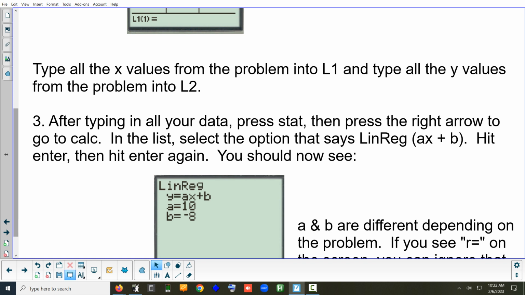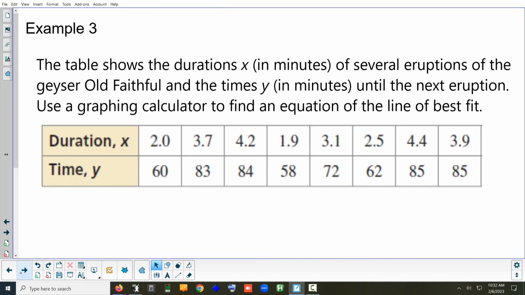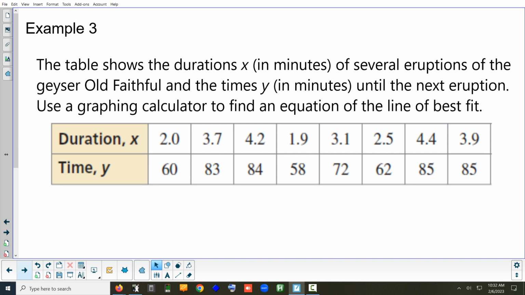So actually, I think you guys already have the steps. Yeah, so that's good. So what we'll do tomorrow in the warm-up is we'll take all this data, we'll put it into the calculator, and see if you guys can do what I just did with the last problem. And I'll help you out. Okay, so tomorrow we'll just practice the calculator, and then we'll do a little bit of review.